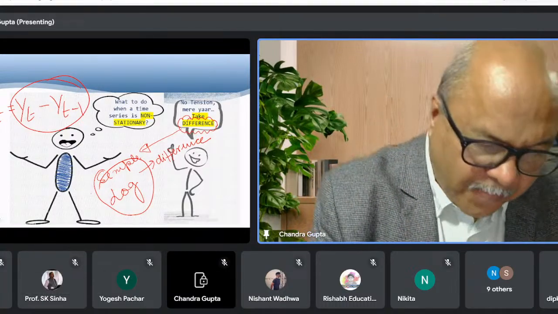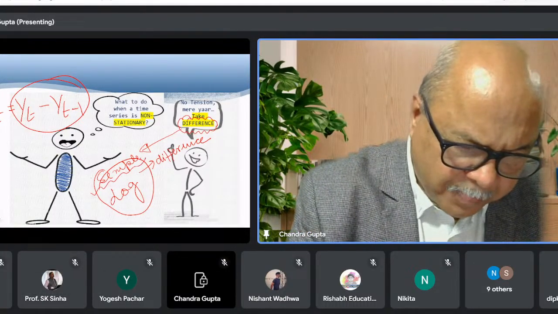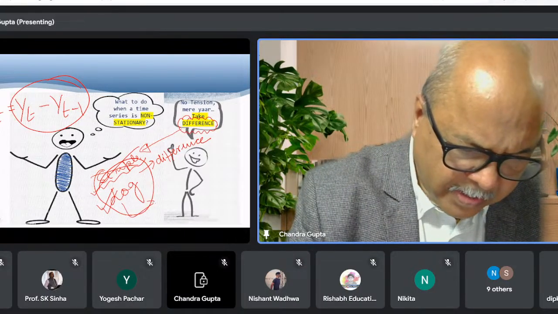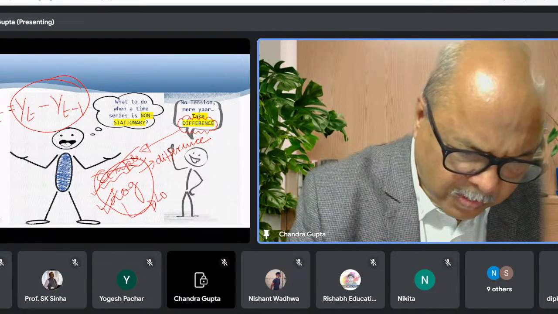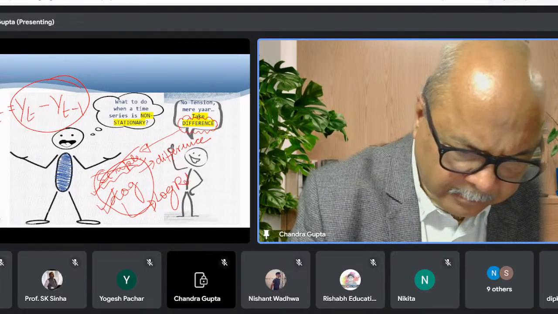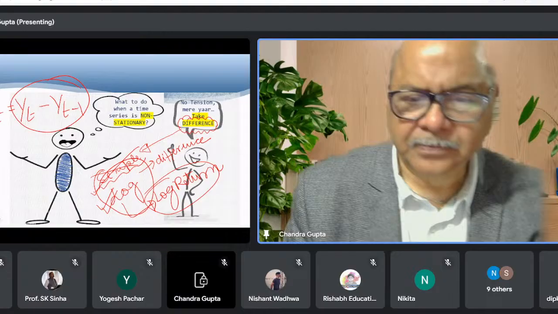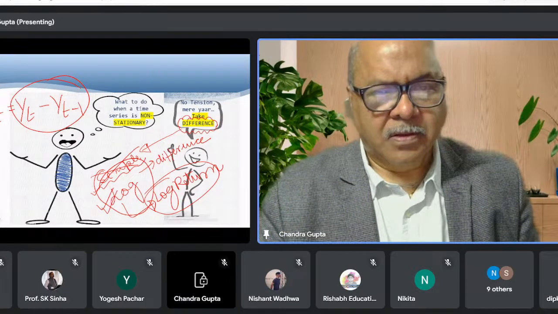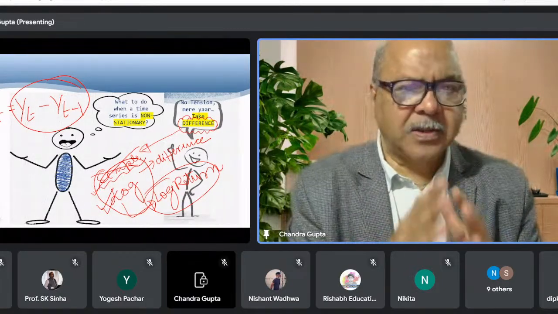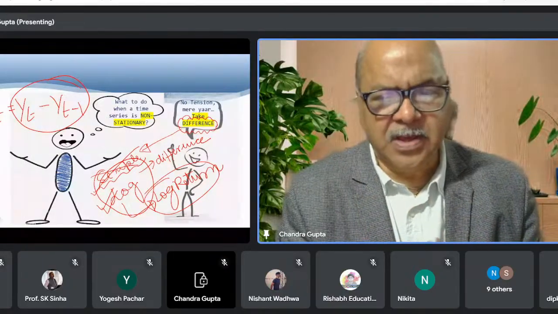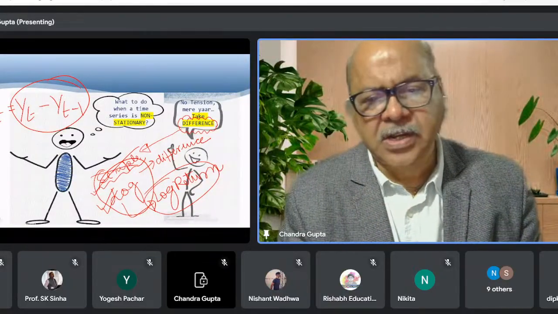In finance, we don't take the simple difference, we take the log difference. And the log difference gives me what is called log return. So friends, don't take a simple difference, take the log difference to make the series stationary.